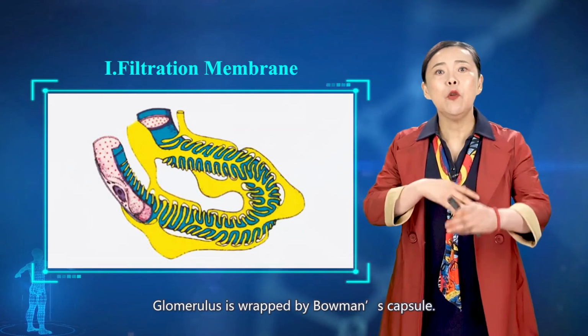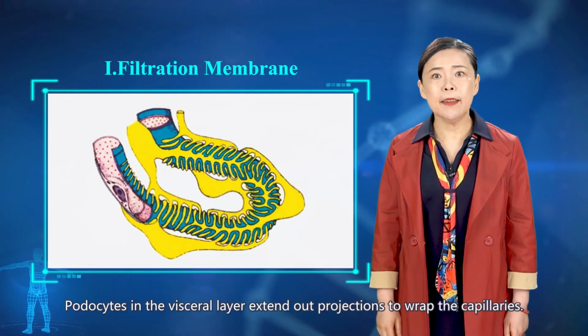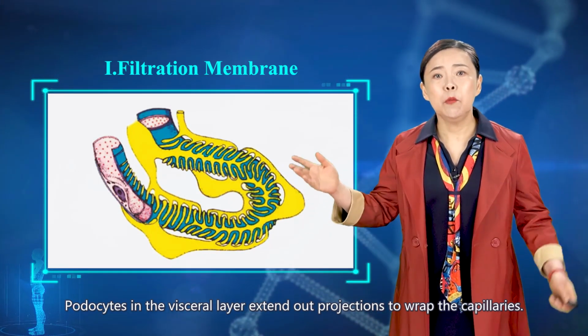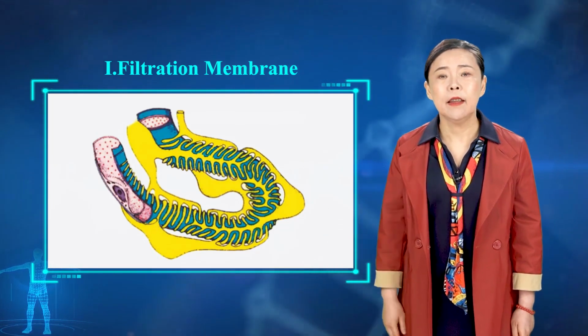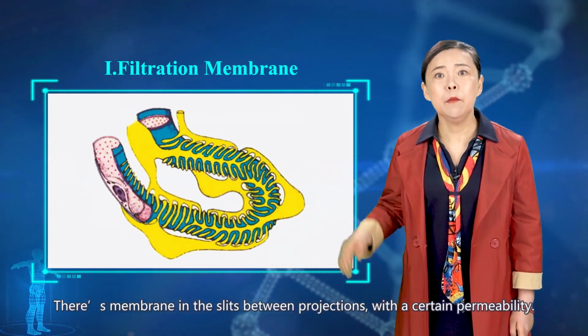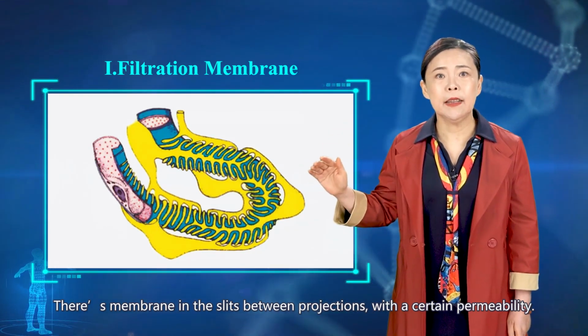Glomerulus is wrapped by Bowman's capsule. Podocytes in the visceral layer extend out projections to wrap capillaries. There is a membrane in the slits between projections with a certain permeability.